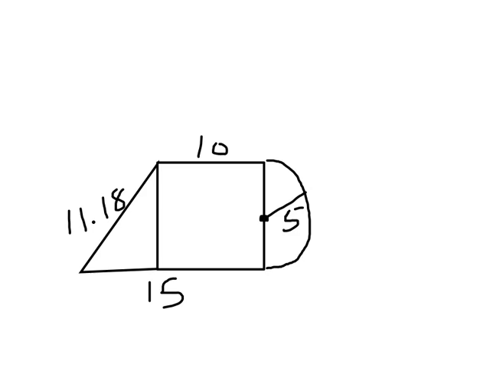Alright, I know that for the triangle, I'm going to use this and this because they make the right angle. Alright, if this is 15 from here to here, and here to here is 10, then I can say that this is 5. So that's 5.